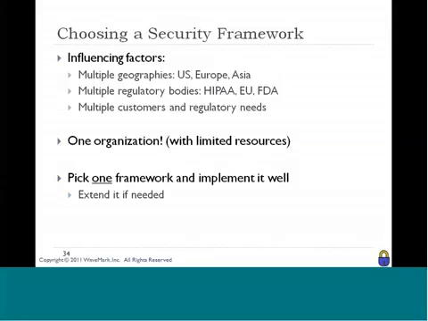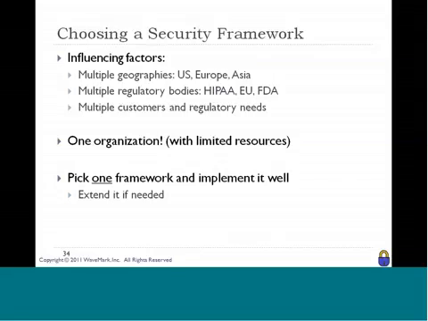There are various regulatory bodies, both within the countries or within different industries, such as HIPAA, EU, FDA, you name it. There are multiple customers that have their own needs in terms of security, because then they themselves are regulated. So they have their own internal needs as well as regulatory needs that are imposed on them.